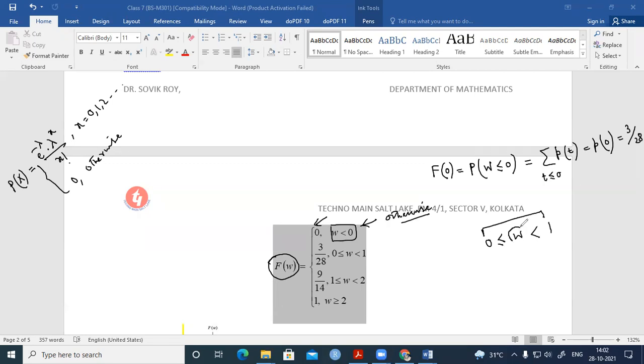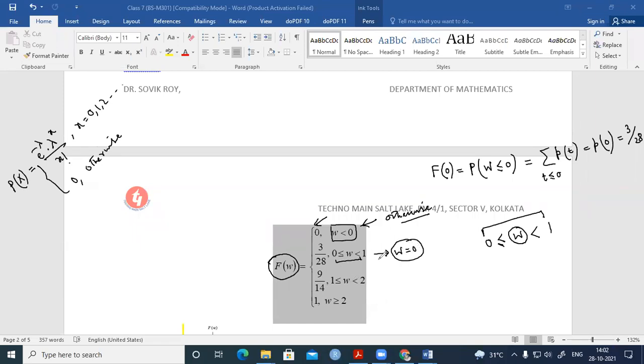So here, although I am writing it in this manner, w is only having the value which is 0, because the equality sign is there. So if we write W greater than or equal to 0 and less than 1, it actually means I'm talking about W equal to 0. We write it in this manner because when I plot the thing, you will understand why we write this particular thing in this way, while plotting, when I show the plot of the function.